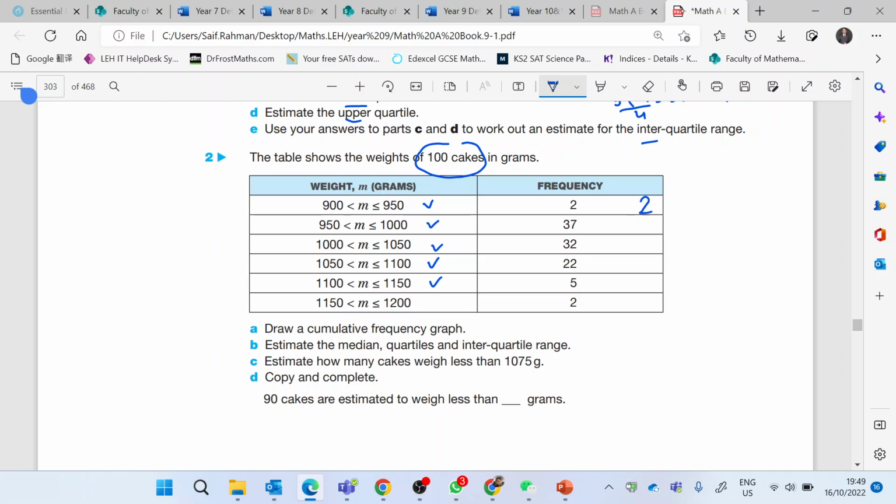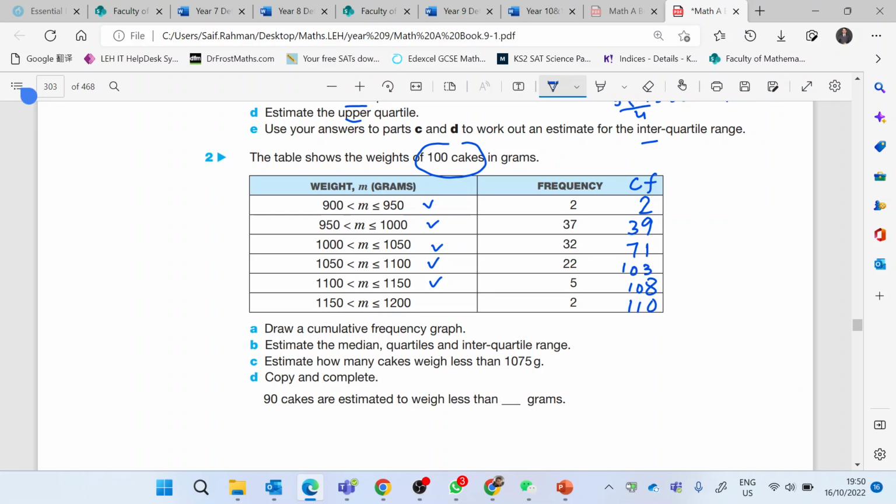Cumulative frequency is CF, and it's 2 here, and then 39 here, 39 plus 32, and so on, up to 110.